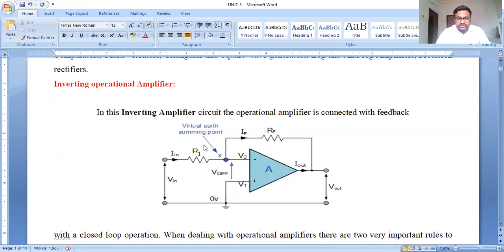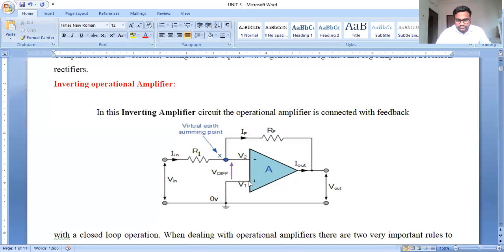A feedback is connected from the output to the negative terminal of the operational amplifier. This is the feedback connection, and this is one path. IF is the feedback current flowing through the feedback path, and I1 is the input current flowing through the input resistance.